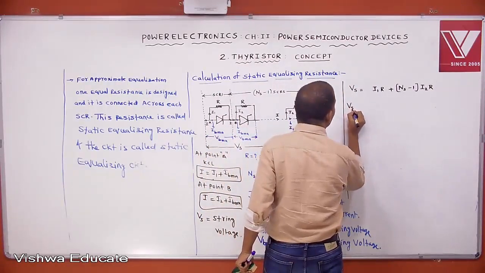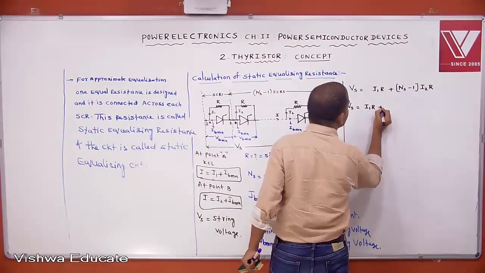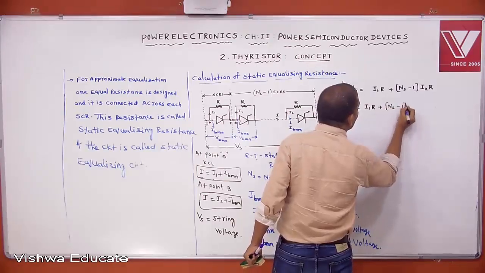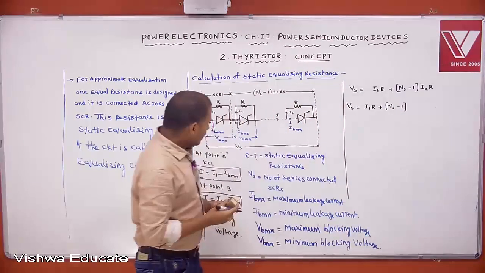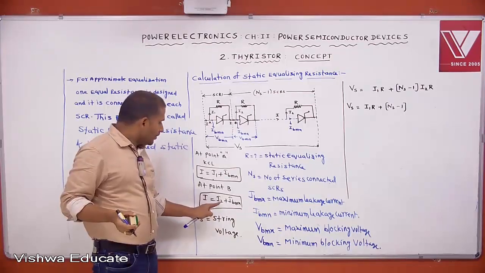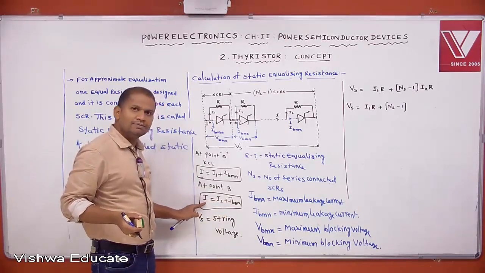Then Vs equals I1 into R plus Ns minus 1 into, from this one, what is I2? You can write I2 equal to I minus IBMX.